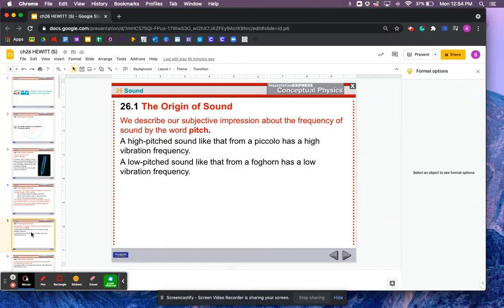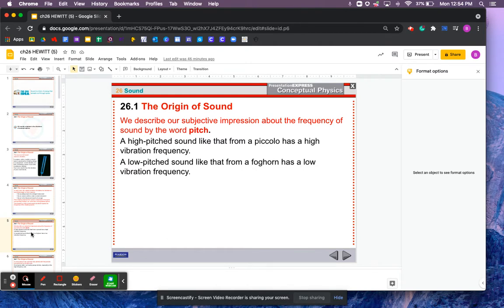Depending on how high pitched or low pitched those vibrations are, it's also going to determine the frequency, right? Another word for frequency is pitch, or another word for pitch is frequency. And usually that depends on the object that's making the noise.